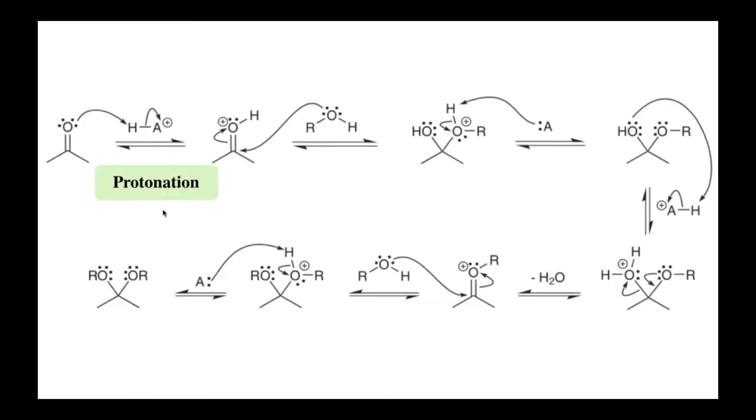Yes, protonation. First step. Protonation turns our carbonyl group into an activated carbonyl group, which is an excellent electrophile. And now we have our oxygen nucleophile, our alcohol that is ready to attack. So it'll attack nucleophilically, and we get this product.